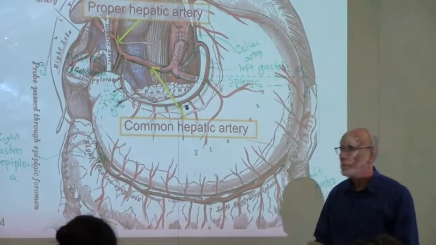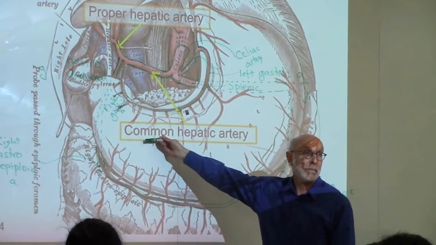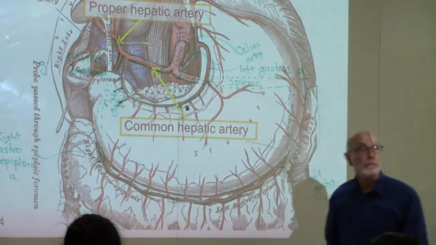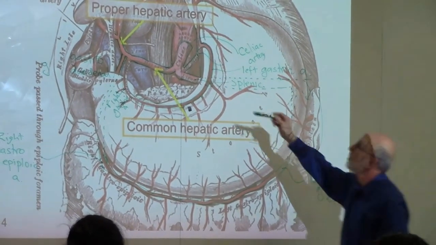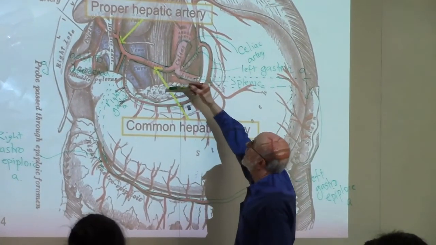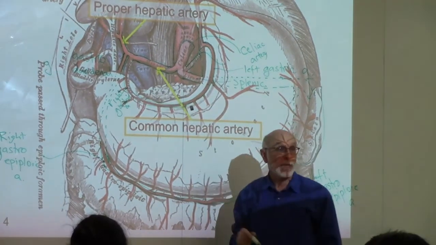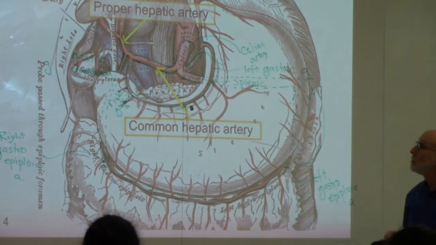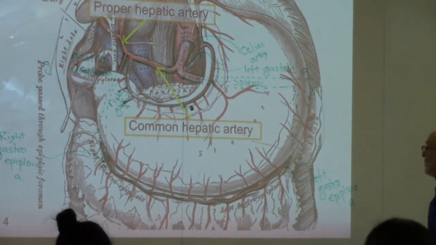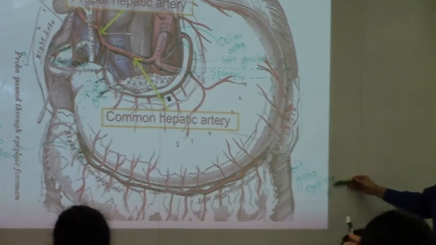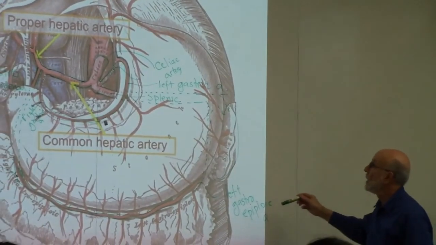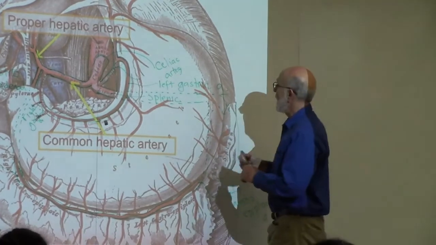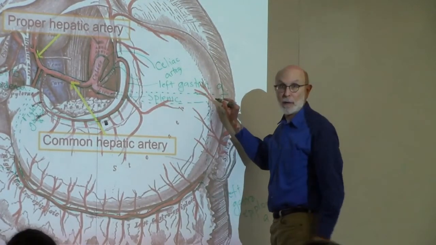Yes, except you left out one word, common hepatic. Abdominal aorta, celiac, common hepatic, right gastric. The left gastroepiploic artery joined with the splenic. The left gastroepiploic, yes, is a branch from the splenic artery.